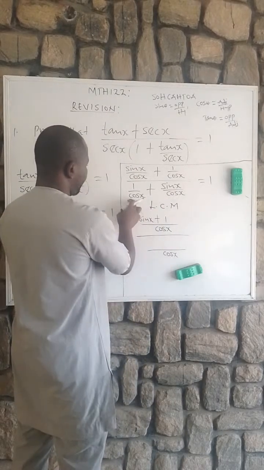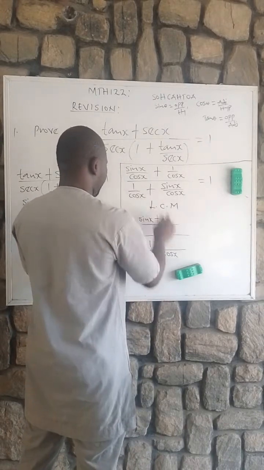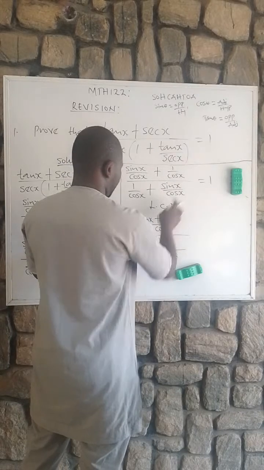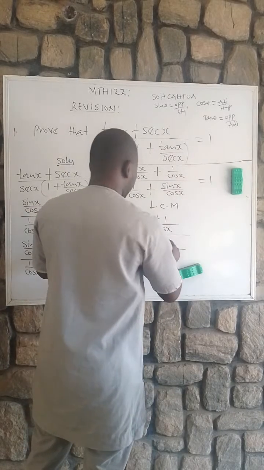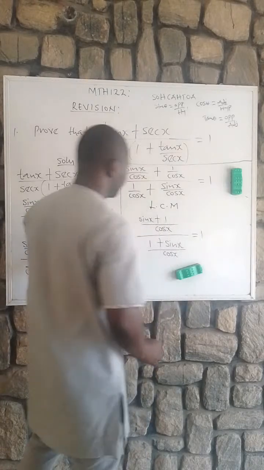Cos x divided by cos x is 1. Then what we have here, plus. Then cos x divided by cos x is 1 times sin x is sin x, equal to 1. True or false?